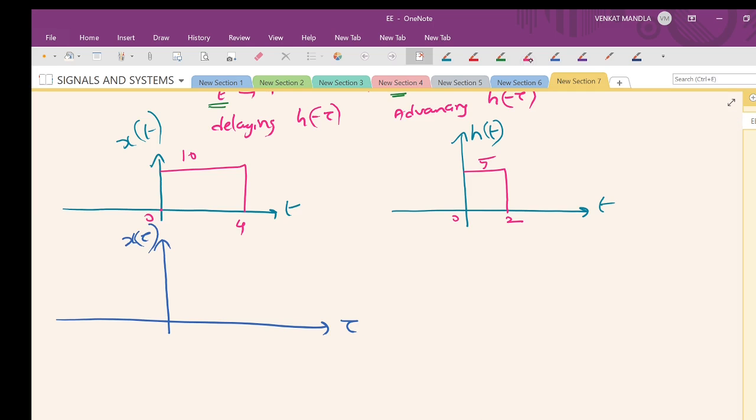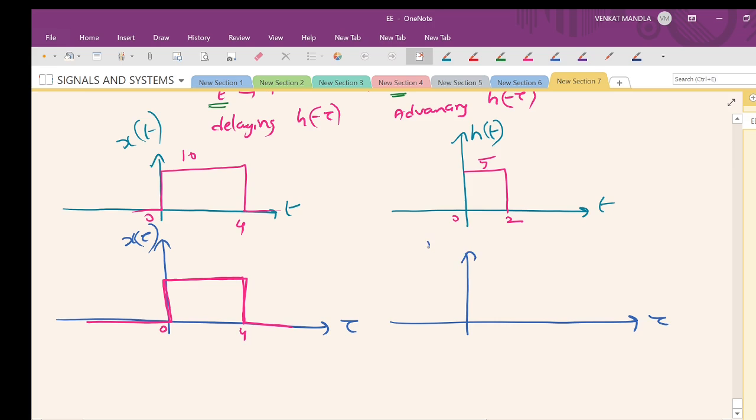We are just changing the variable t to tau, that's it, but the shape of the signal will not change. It is 0 to 4 only. And h(tau) is the same, 0 to 2.